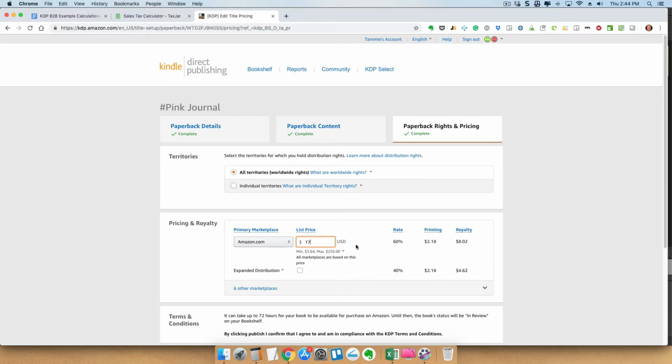Okay, that's not quite right. So I can hit 19, not quite there. 20, almost there. 21, oh, now we're over. 20.5, slightly over again. I think 20.31 is what it was. There you go, $10. So I finally was able to figure that out.